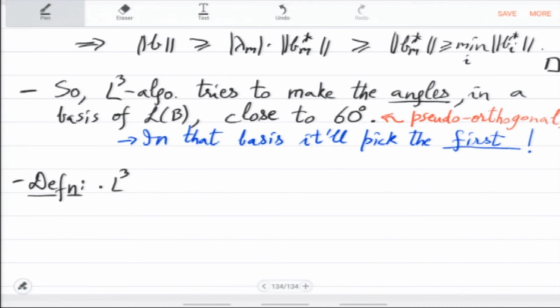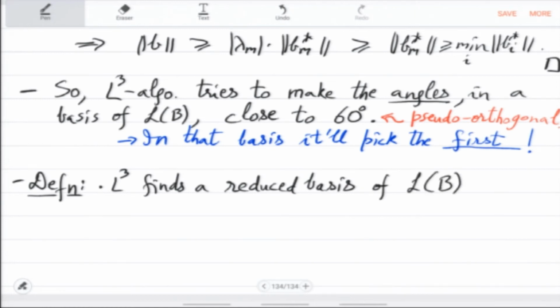So LLL finds a reduced basis of the lattice, B1 to Bm.